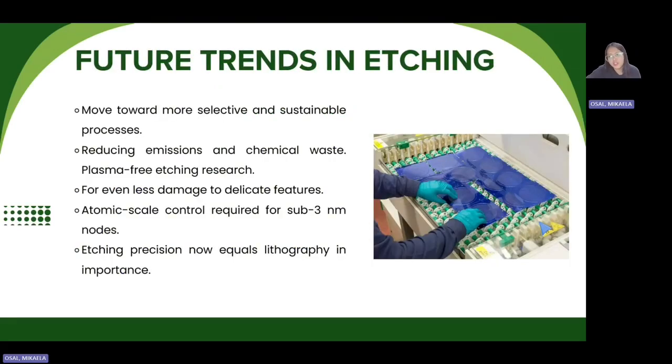So the future of etching lies in achieving even greater precision, selectivity, and environmental compatibility. So researchers are working on plasma-free dry etching methods that minimize damage to sensitive materials. New chemistries are being developed for selective atomic layer etching.